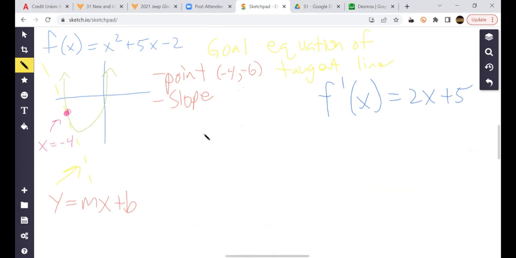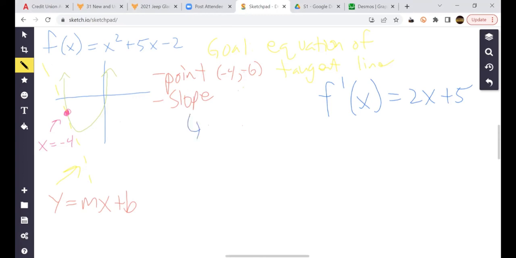What were we trying to do? We're trying to write the equation of the yellow line. And to write the equation of a line, you need a point and you need a slope. The point we found 10 minutes ago by plugging the given x coordinate into the original to get the y coordinate. All we need now is the slope.